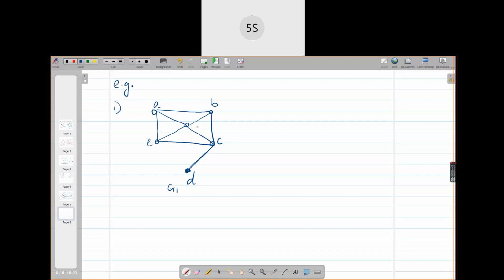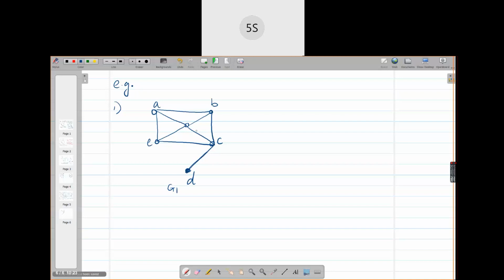Which vertices? A, B, C. How many vertices you feel that you will have to delete so that remaining graph will become disconnected? 4. A, B, C, and E. Really? 4 vertices you will have to delete?